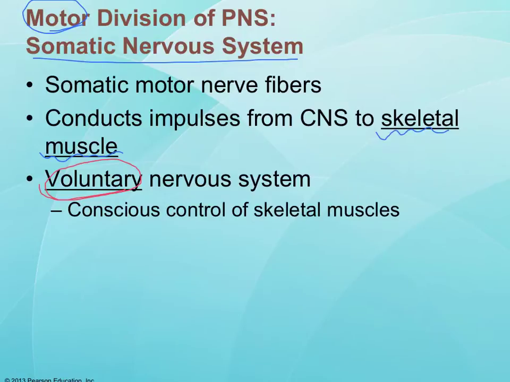Voluntary means conscious control. Skeletal muscles are all under conscious control. So if you lose consciousness, all the skeletal muscles are out of control, because the nervous system is not active.